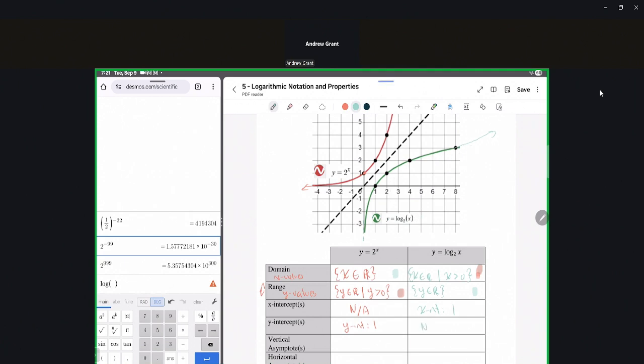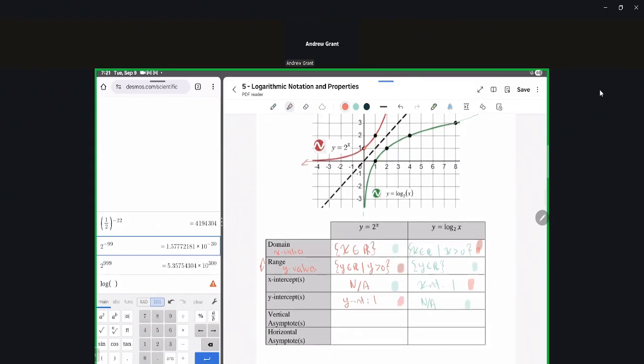So we would say it's not applicable there. And just like before, we notice that y equals 2 to the power of x had no x-intercept, which means that y equals log base 2 of x will have no y-intercept. Okay, so again, kind of mirroring what happened from above.